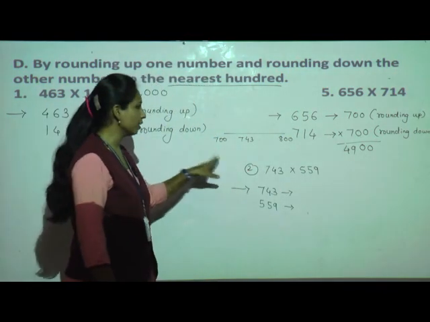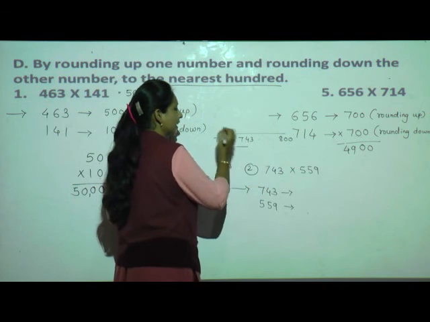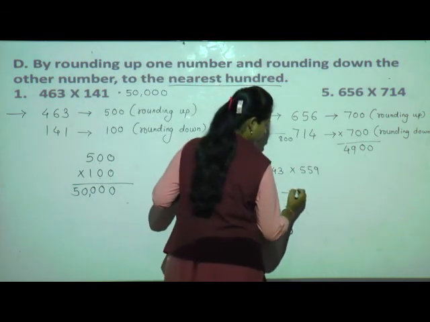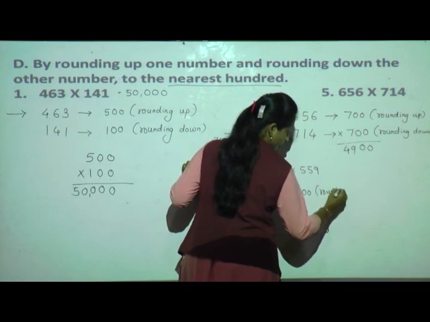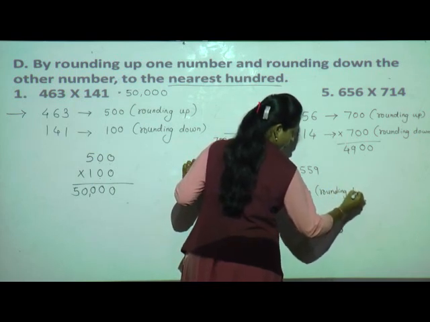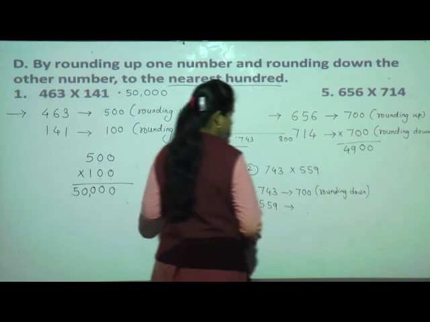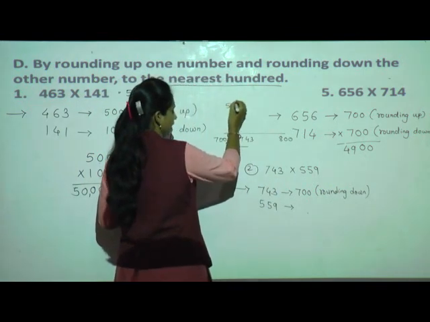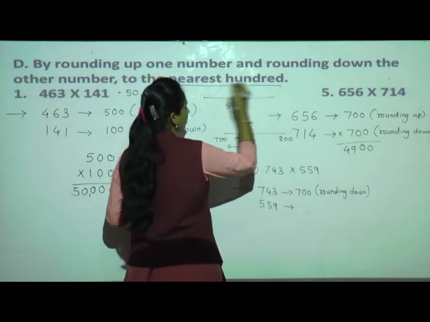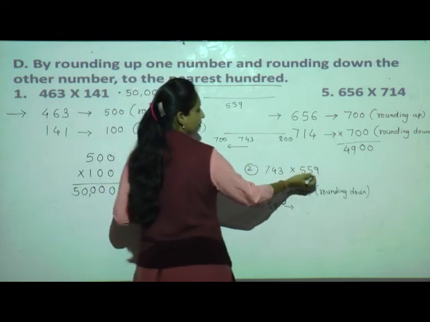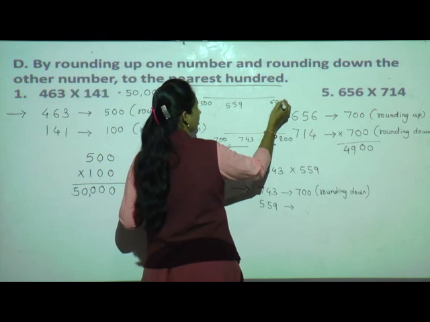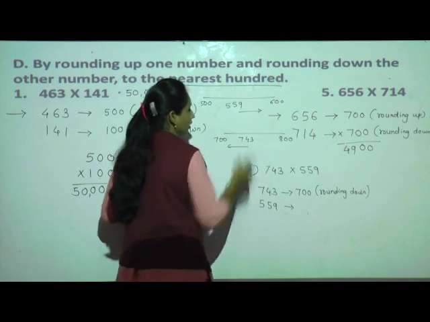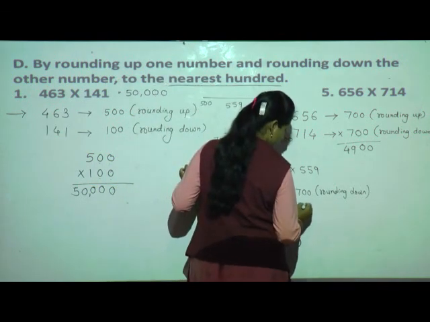So first, in this case, I'll take the rounding down number, that is 700. And the other number is 559. As per the hundreds rule, it lies between 500 and 600. So in this number I'll take rounding up, 600.